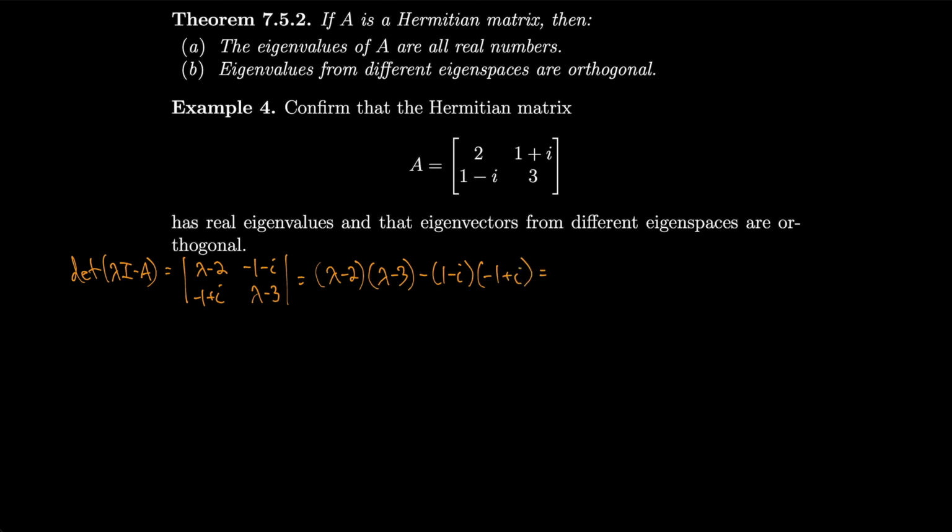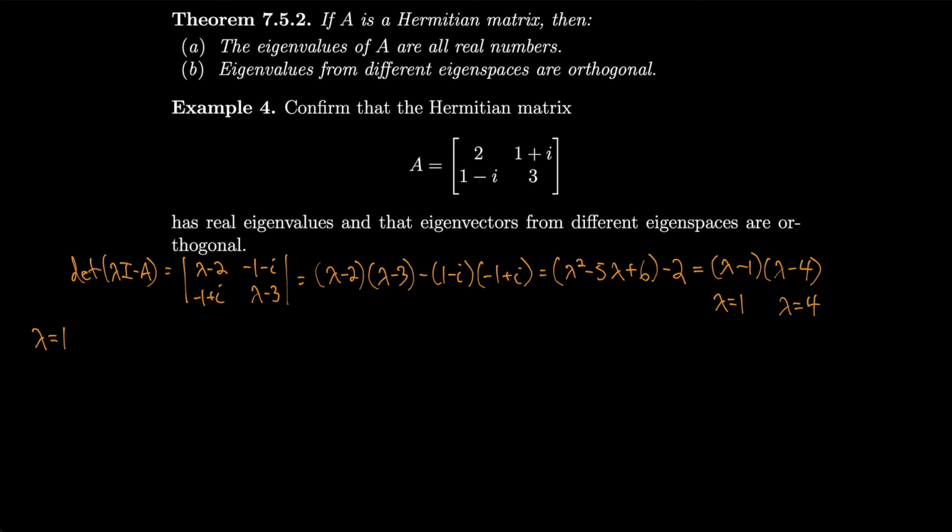Multiplying that out we get lambda squared minus 5 lambda plus 6 minus 2. We can combine the constants and then factor and get lambda minus 1 times lambda minus 4. So if we set that equal to 0, we see that lambda equals 1 and lambda equals 4 are our eigenvalues. Let's look at the corresponding eigenvectors.